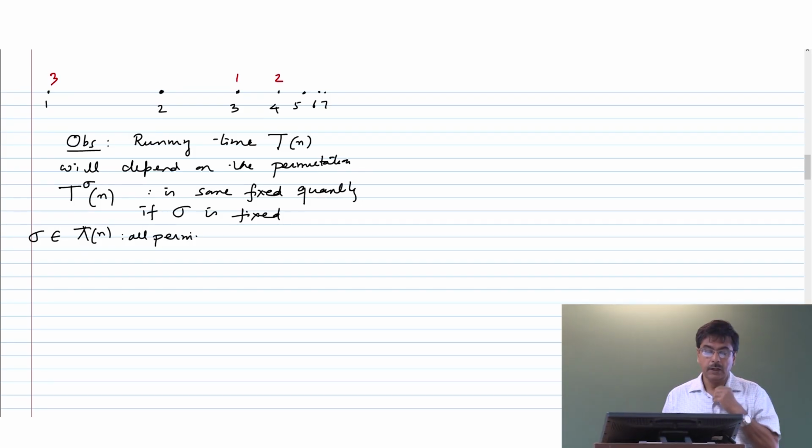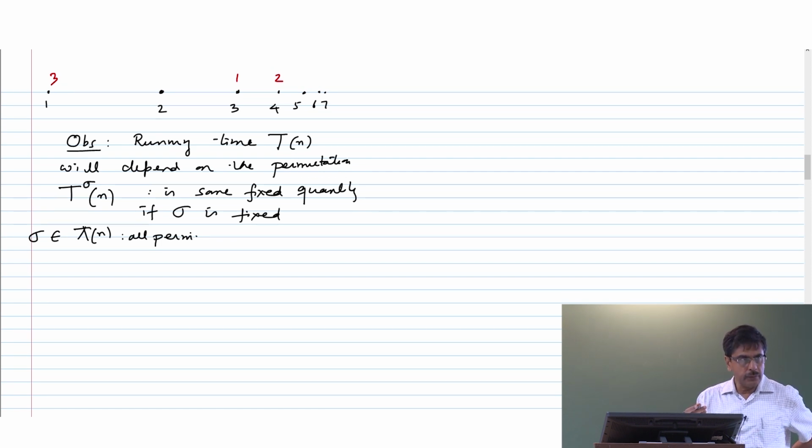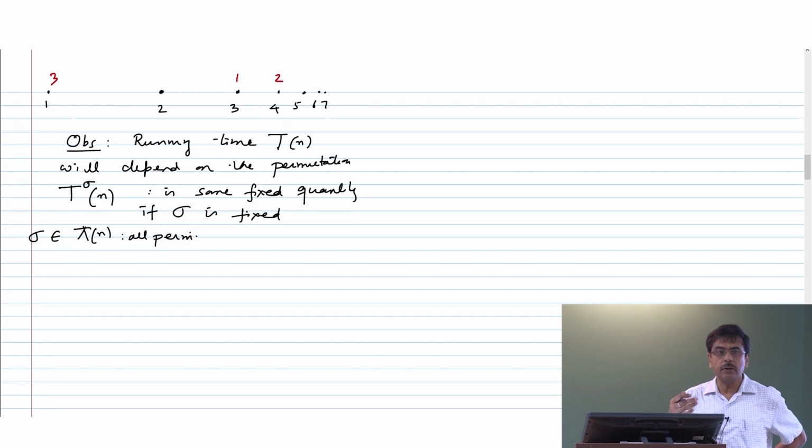So what am I saying? I am basically saying that if the ordering is fixed, my running time is also fixed, because I know exactly how many updates will be required. And what we are going to analyze is basically the average of this running time, because I am picking one of them at random.